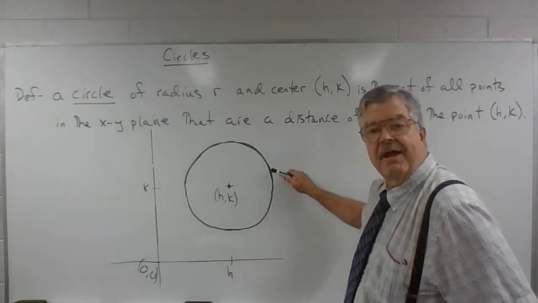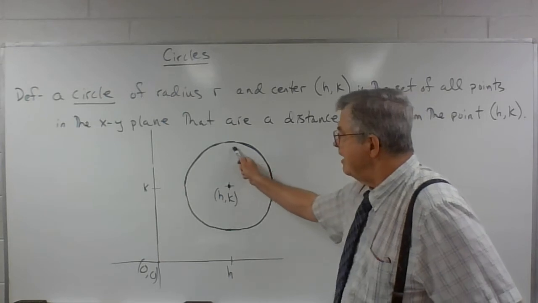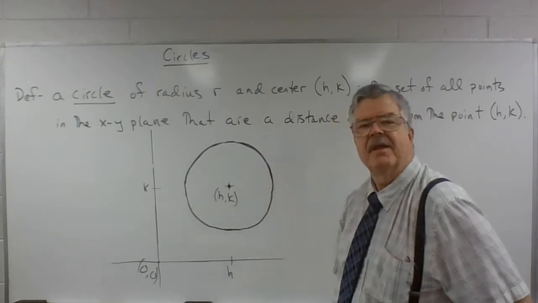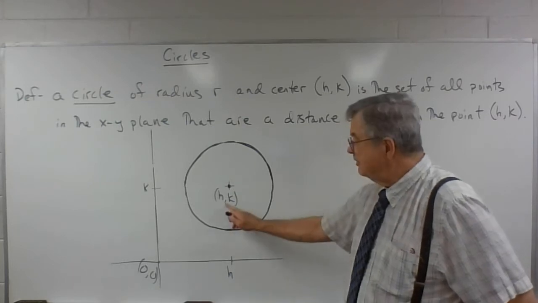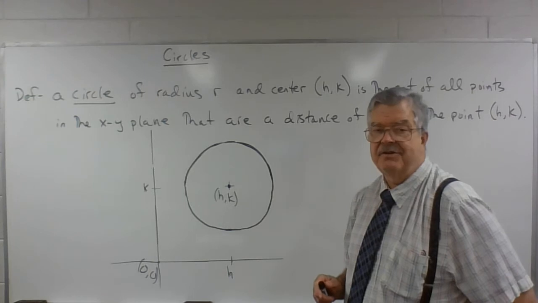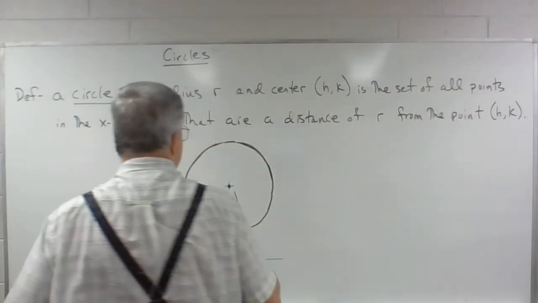We've drawn the graph of the circle here. And every point on the circle is the same distance from the center (h, k). Every point on the circle is a distance of r from (h, k).